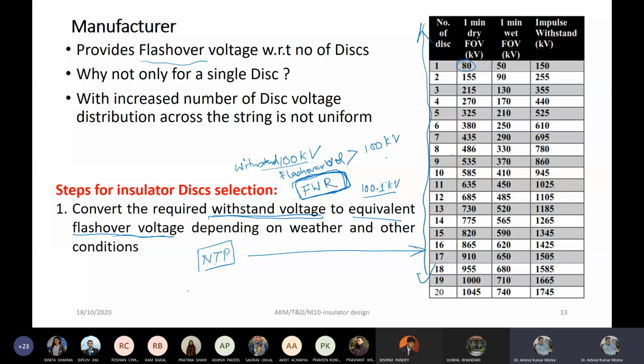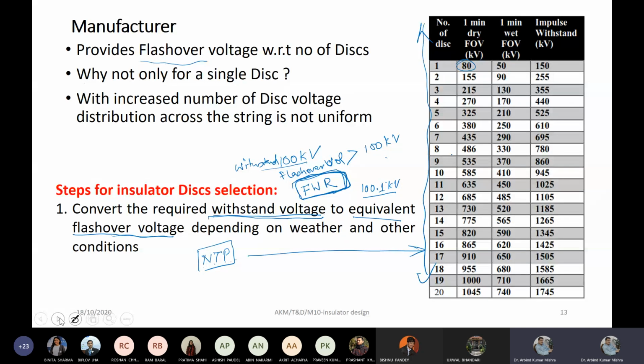and that is sometimes called the air density correction factor. Here we call it the atmospheric condition. So first you have to convert to flashover ratio, then you also need to convert it for the worst operating condition of temperature and pressure, and then apply a certain factor of safety.